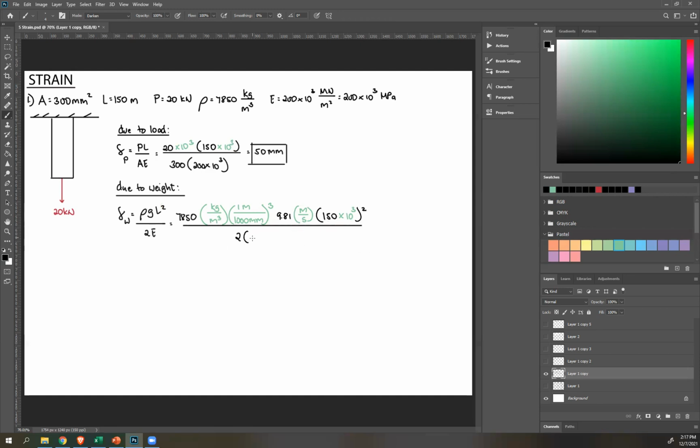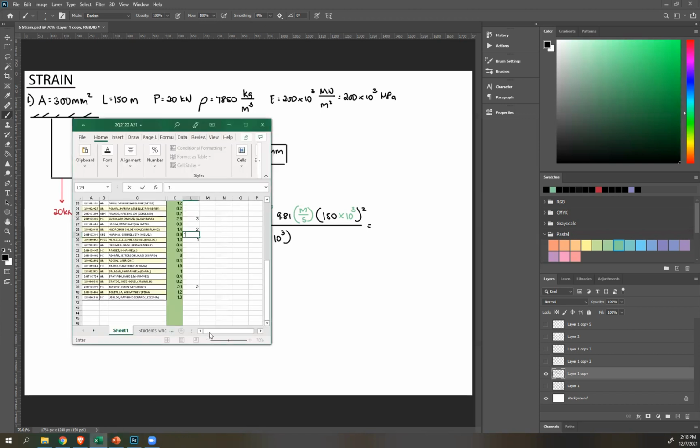And then E is as is. 200 times 10 raised to 3. Okay, from this, please solve what's elongation. Correct. Christian and Gabriel. Danaga Narimay.